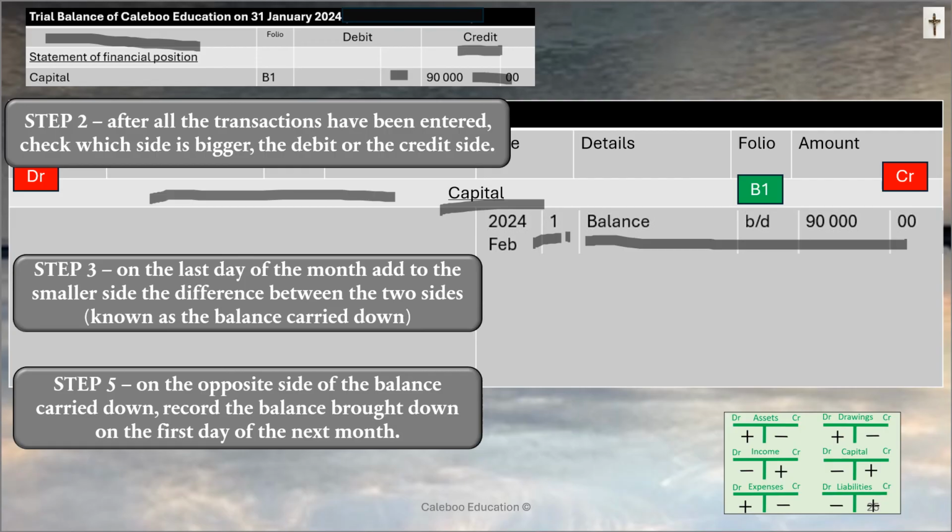Remember, on the 1st, we write brought down. B/D stands for brought down. Step 2. After all the transactions have been entered, check which side is bigger, the debit side or the credit side. So let's enter all the transactions.